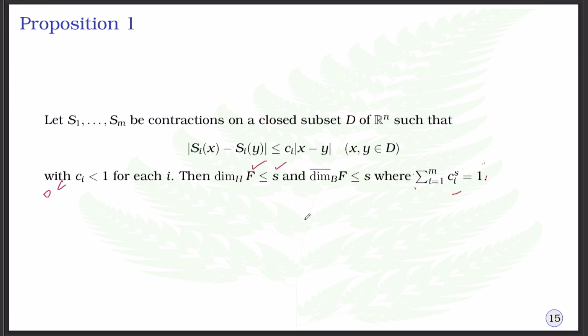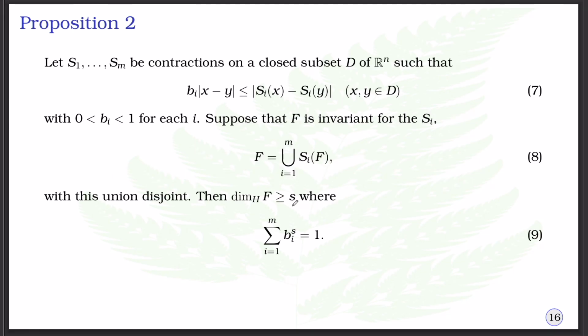So, these two propositions and the theorem tell us how to choose the contraction factors of an iterated function system if you want to construct a fractal with a specific fractal dimension.